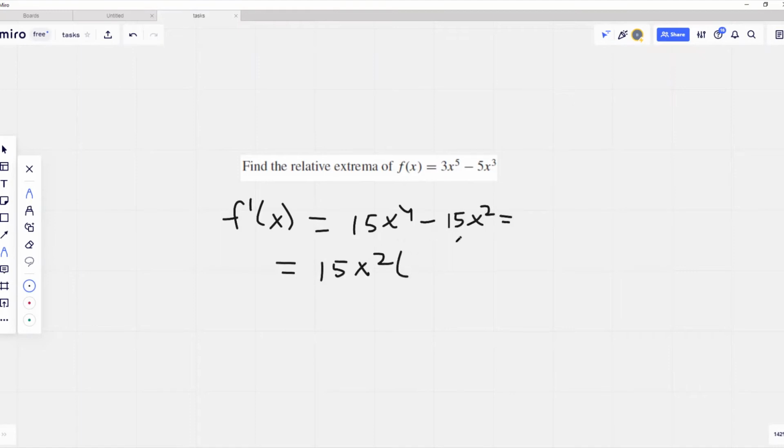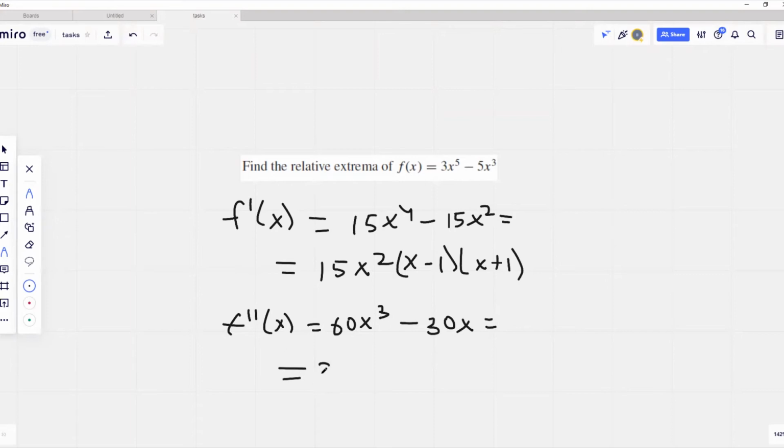We'll be left with x squared minus 1, which in turn is factored as x minus 1, x plus 1. The second derivative is equal to 60x cubed minus 30x, factoring out 30x. We'll be left with 2x squared minus 1.